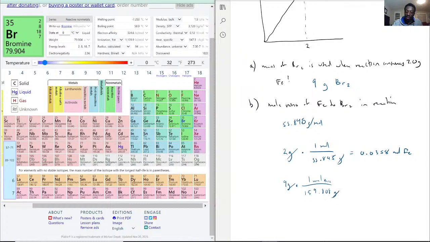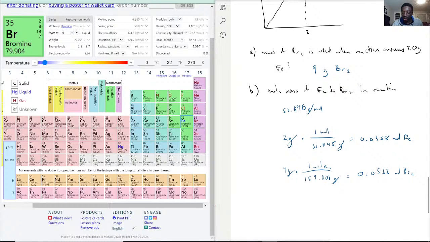So 9 divided by that gives 0.0563 moles of Br2.